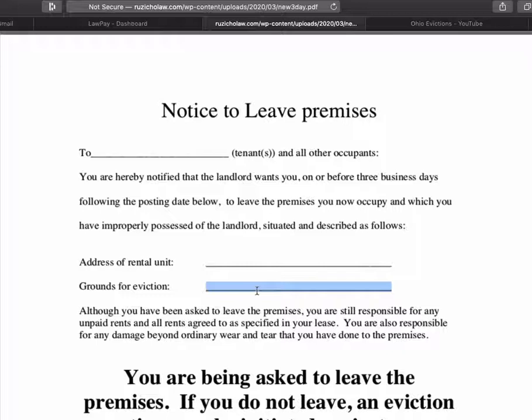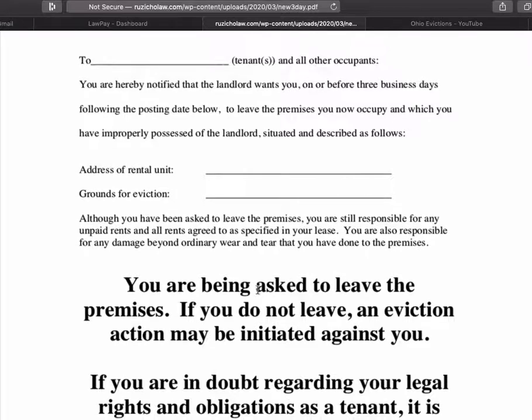It is a great idea to spell out every reason for the eviction in this blank. Some courts may hold you to whatever you've listed on the 3-day notice as the grounds or as the reasons for the eviction in your eviction complaint. In other words, some courts won't let you add additional reasons later that were not part of the 3-day eviction notice.